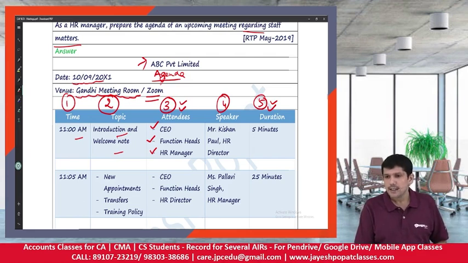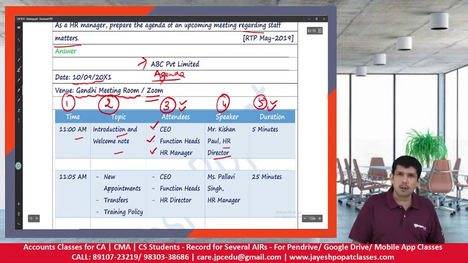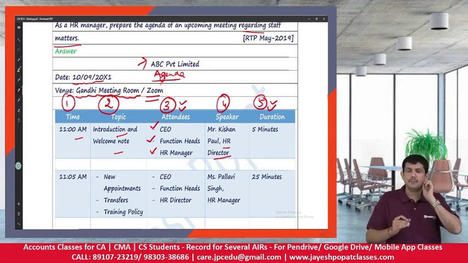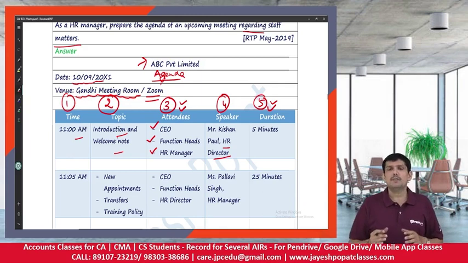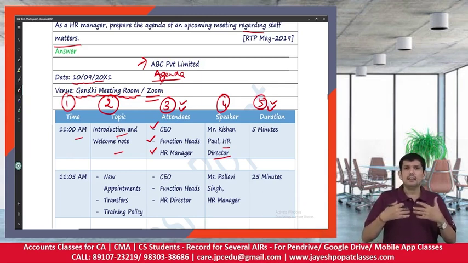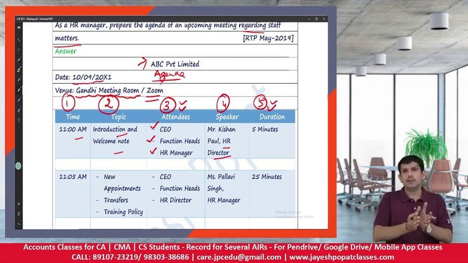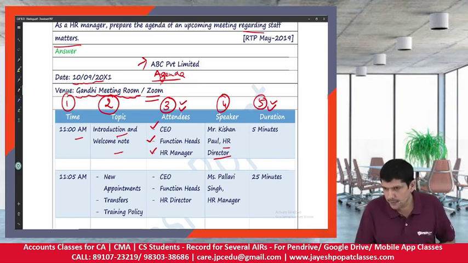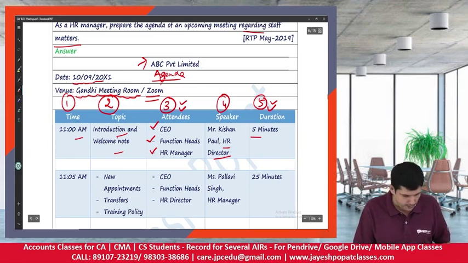The speaker here is Mr. Krishna Paul, who is the HR director, right? So basically this meeting has been called by the HR department. So the senior most person in the HR department will, let's say, show an introduction and explain the agenda to the audience, and basically this will take 5 minutes of time.